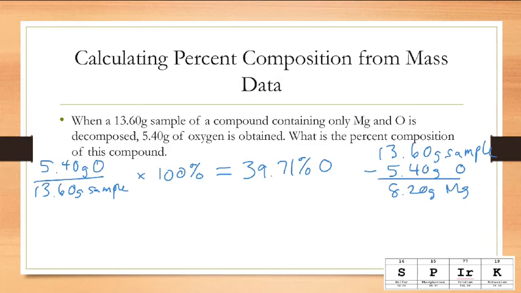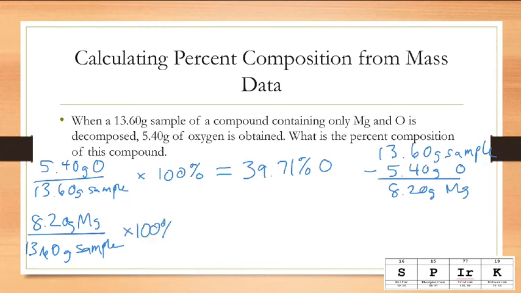So now we just divide 8.20 grams of magnesium by the total mass of the sample and multiply that by 100%, and we're going to be left with 60.29%. Now, if you look at our two percentages, you can see that they add up to 100, which is exactly what should happen.